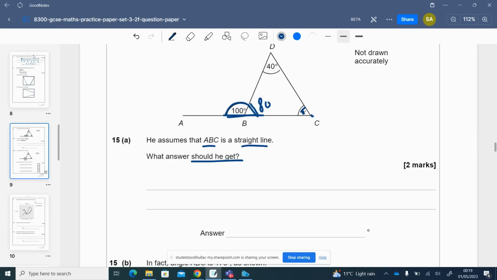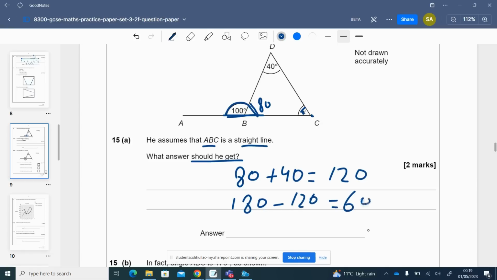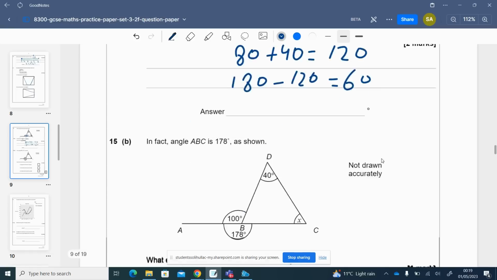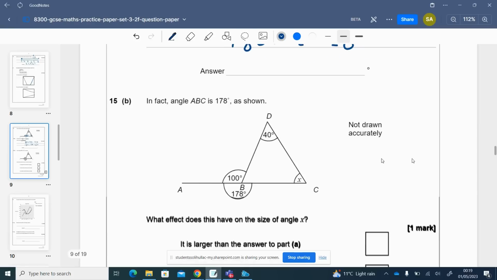Okay. So in a triangle, all angles add up to 180 degrees. That means 80 plus 40, okay, that gives you 120, and if you take that away from 180, that gives you 60 degrees, which is the missing angle, which is this one here, right? 15b says, in fact, angle ABC is 178 degrees as shown.